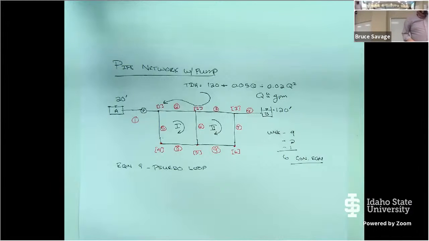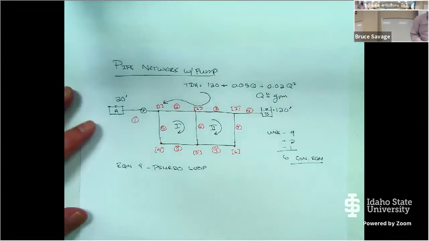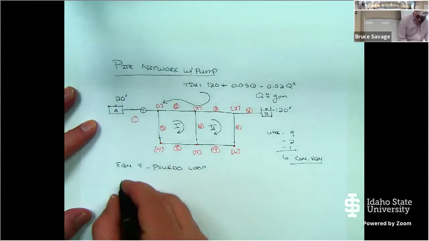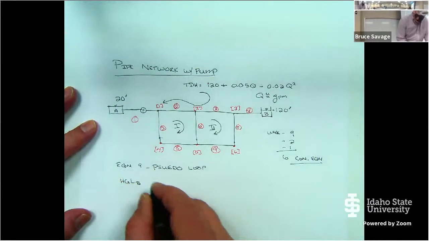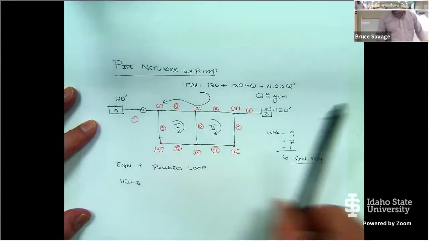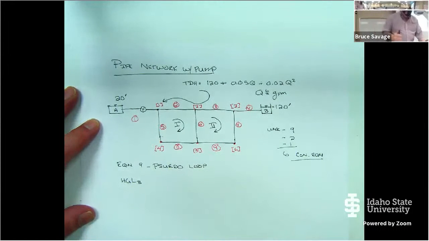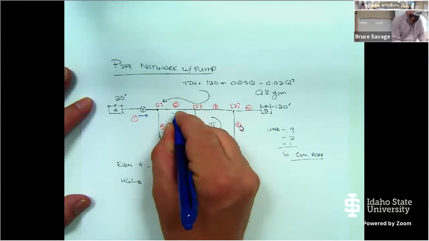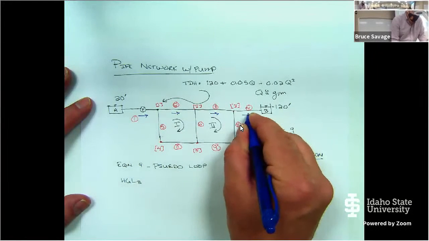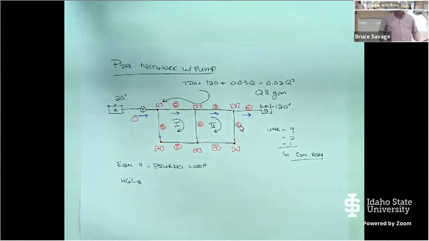Okay, so to write my pseudo loop then, I'm going to start off with my hydraulic grade line at B, and I need to define the direction of flow. So I'm just going to say the pump's going to come in here, and I'm going to put them all positive just to make life easy. Going over to B, all right?